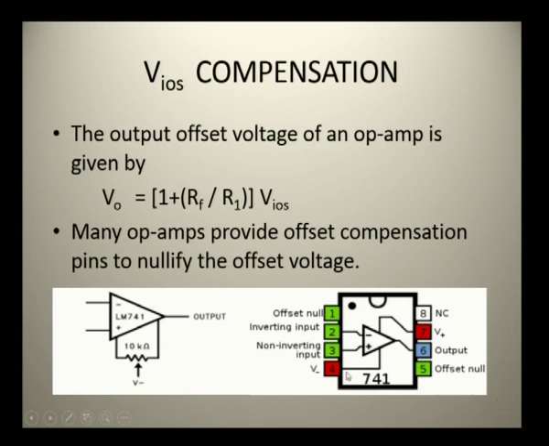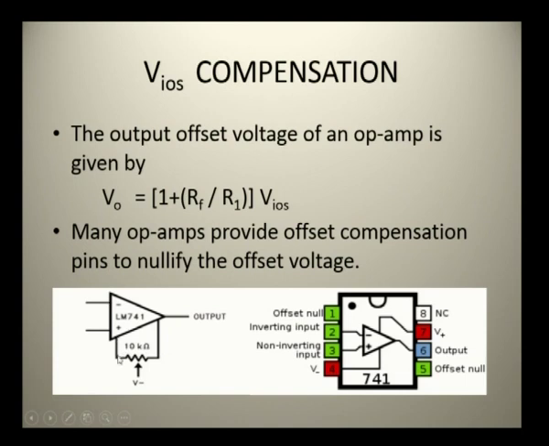So what is the use of this offset null pin? Across these two pins, we have to connect a potentiometer, and a wiper is connected to the negative terminal or a positive terminal, so that we can give either a positive voltage or a negative voltage to the input offset null, so that the output voltage will be nullified.